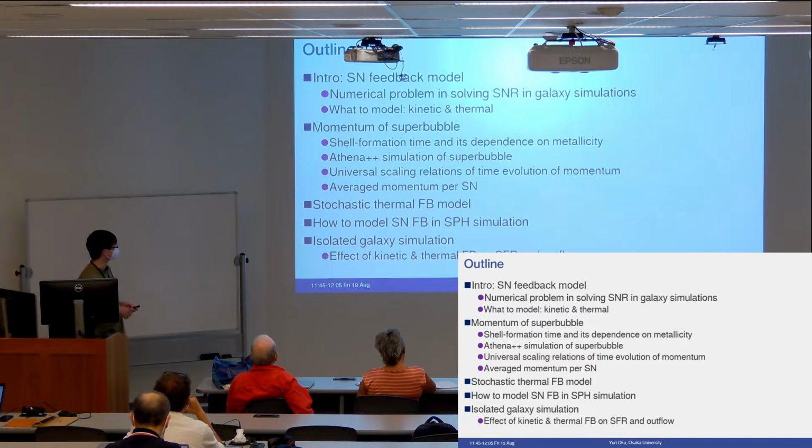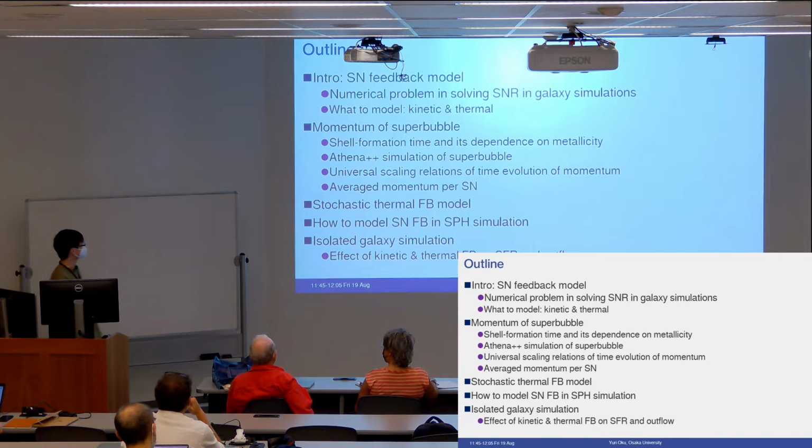So this is a bit detailed outline of this talk. I first start from the basic point of why we need a supernova feedback model, and what we need to model. Next I talk about our superbubble simulation. I study the momentum of superbubbles using high resolution Athena simulation, and I'll talk about how to apply the result to a galaxy feedback model for galaxy simulation.